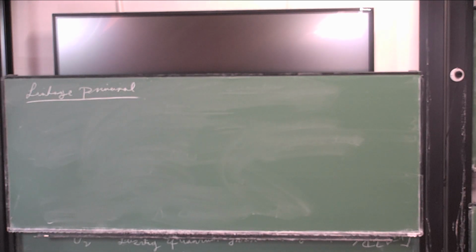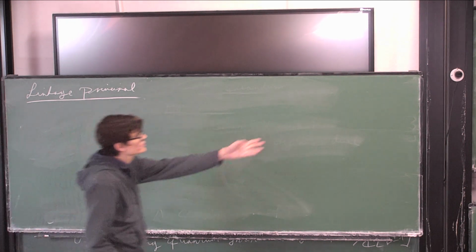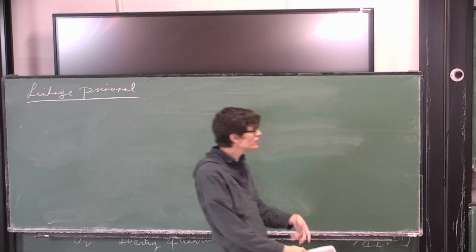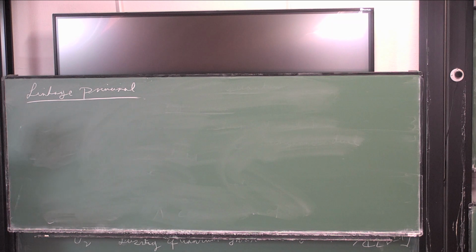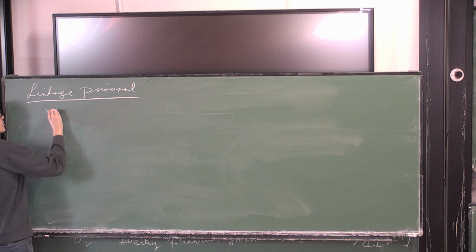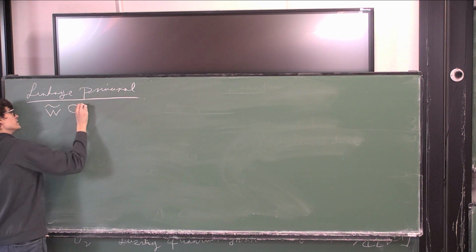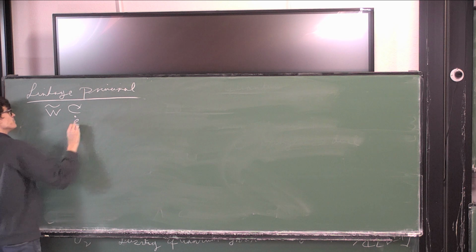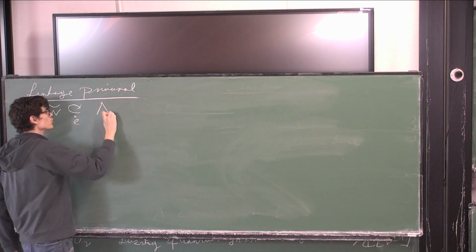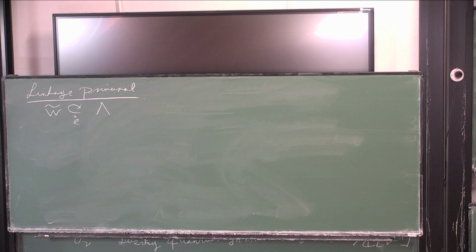So the linkage principle tells us when two of these irreducible representations could conceivably have non-trivial extensions. So it tells us when they must have trivial extensions. So here there is some action. It's called the dot L action of the affine Weyl group on the lattice.